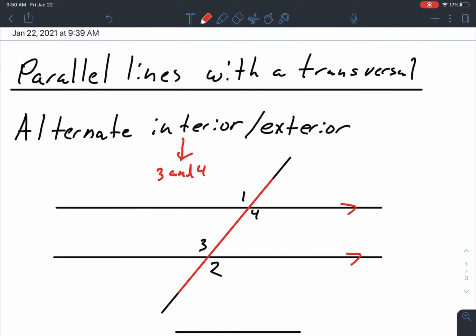Okay, so 3 and 4 are alternate interior, and then 1 and 2 are alternate exterior. Now what does this mean?